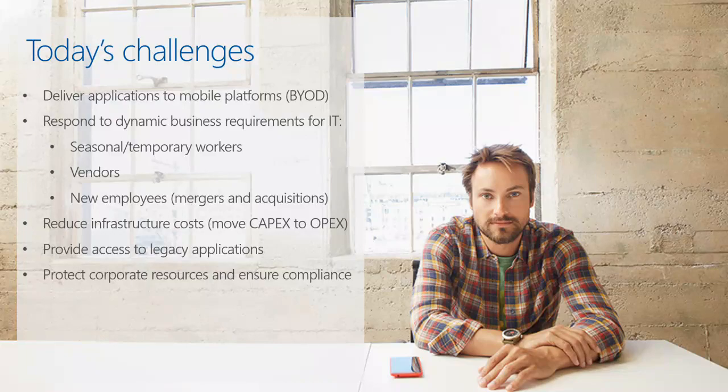This goes to reducing infrastructure costs, moving CapEx to OpEx. If you've been an IT pro for any length of time, you've gone through the scenario where you spec'd out a system, you figured out how much the hardware and software was going to cost, and depending on your environment, maybe 6 months to 18 months later, you got the hardware on site, however much that costs, 50, 100, 250,000, depending on what you've spec'd out for.